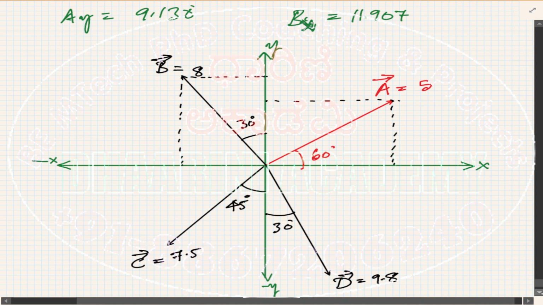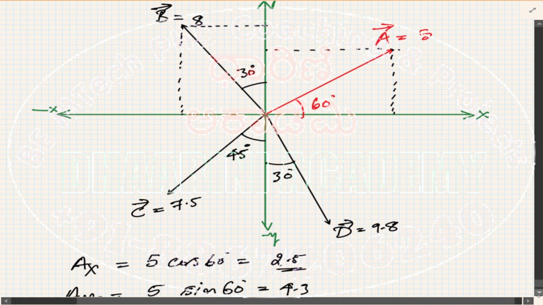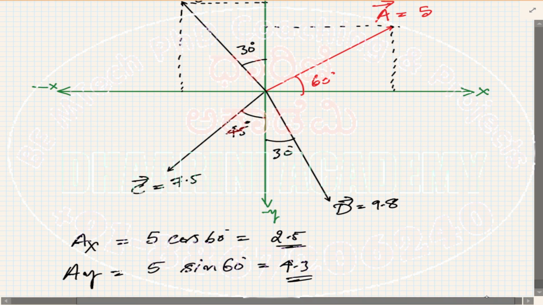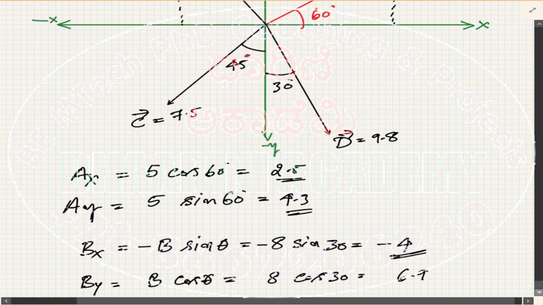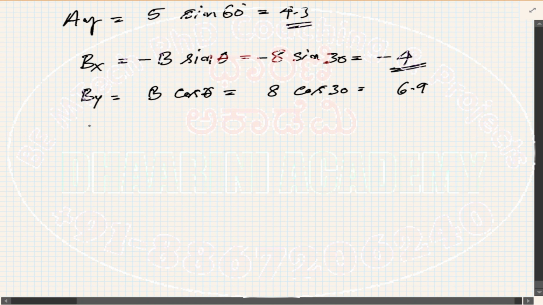Let's extend the same concept to the third one, vector c. Normally I write the components cx and cy. I find out the angle given, that is 45 degrees, and with respect to what axis? It is given with respect to the y axis. So whenever the angle is given with respect to the y axis, cx is equal to c sine theta and cy is equal to c cos theta.